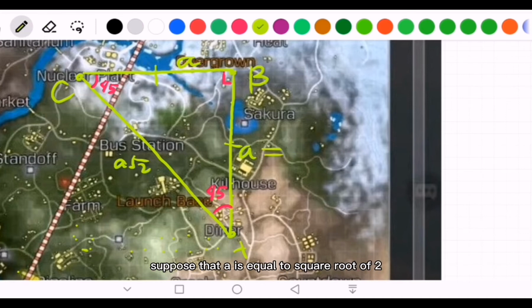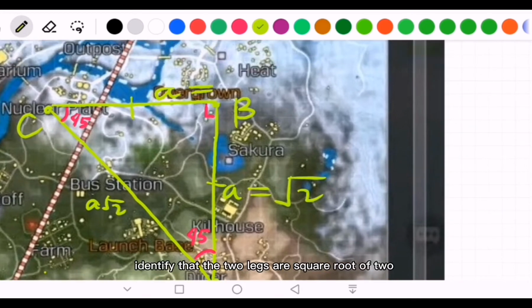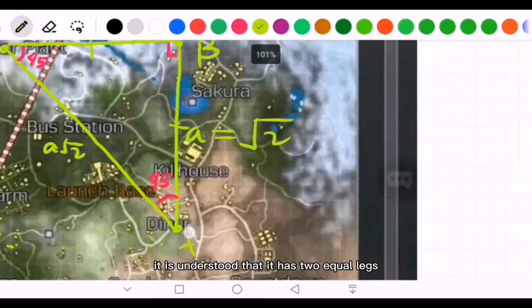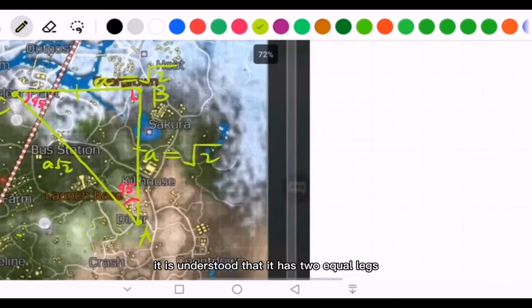Suppose that a is equal to square root of 2, then we'll be able to identify that the two legs are square root of 2, as simple as that. Because this is an isosceles triangle and it is a 45-45-90 triangle, it is understood that it has two equal legs.